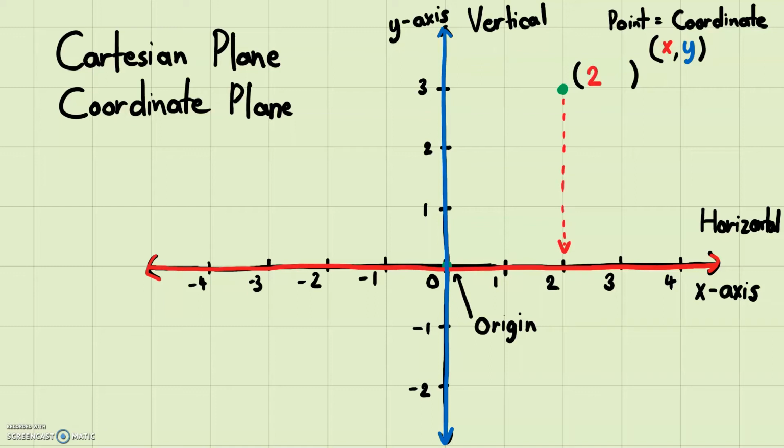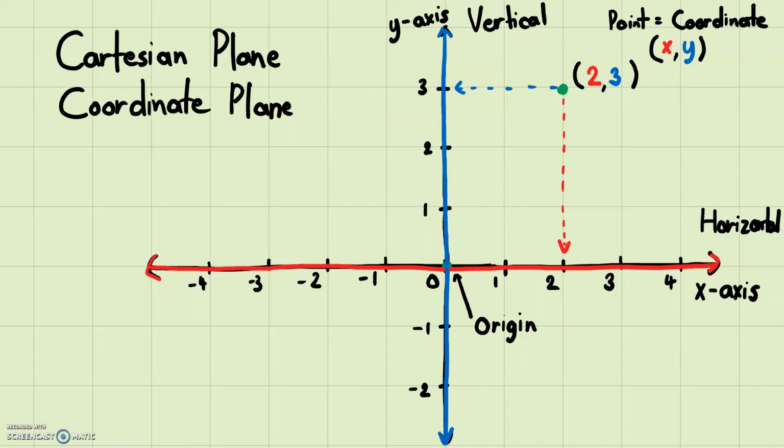It's going to be 2 for the x part. How about for the y part? You go straight across to the blue line and see what number that is. The y part is 3, and we separate those two numbers with a comma. So this coordinate is 2, 3. The x coordinate is 2, the y coordinate is 3. That wasn't too hard.